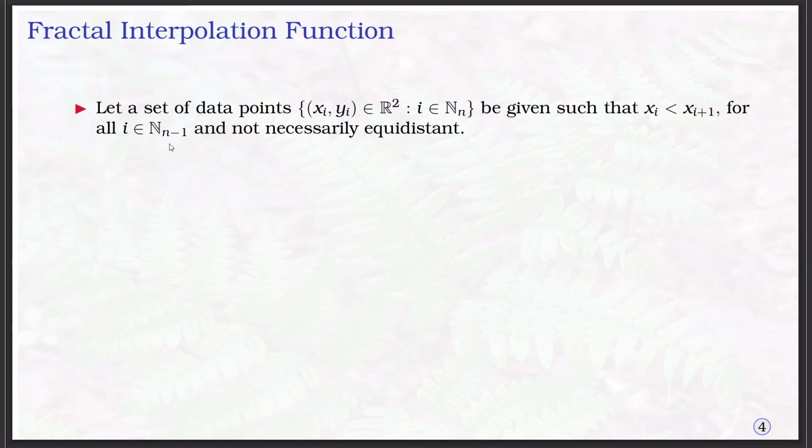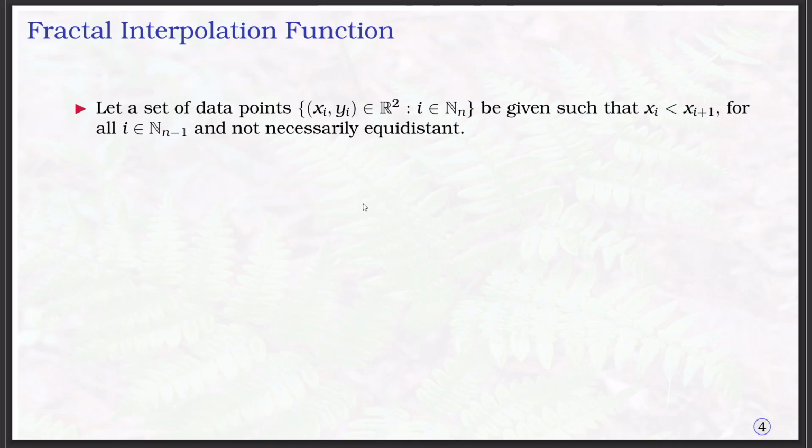Let us discuss the construction of the proper iterated function system to generate the fractal interpolation. Let a set of data points (xi, yi) belonging to R power n be given, such that xi is strictly less than xi plus 1 for all i belonging to 1 to n minus 1, and not necessarily equidistant. What it means?